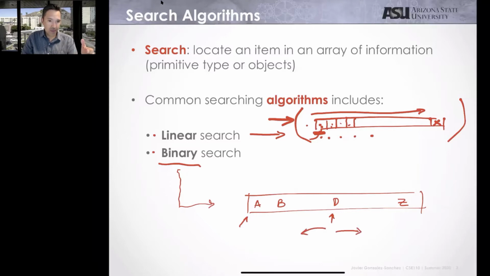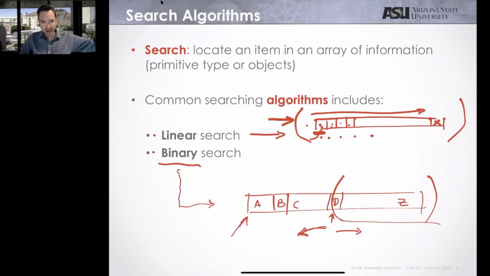If you're searching something with a C and you open the dictionary in the B section, you know that you need to go back a little bit. If you're searching for something with A, you need to go back a lot. But basically, you never go to the last element. Most important, you never start with the first one, because you do not need to review all the A letter if you know that you're searching something with D or B, whatever.